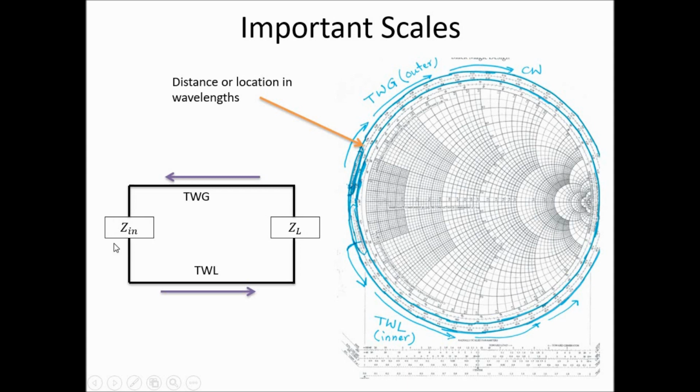And if the input impedance is known or given, then you have to move in the anti-clockwise direction, toward the load, to get the load ZL.